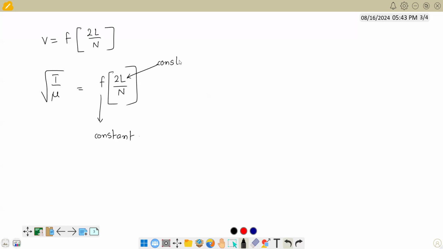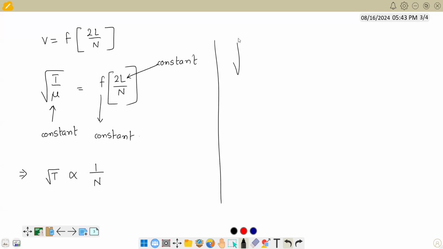We did not change the rope. We did not bring a new rope for the problem. 2 anyway is constant. Mass per unit length, this is also a constant. So since all these are constant, we can say root T is proportional to 1 by n. So we can write root T1 by root T2 is equals to n2 by n1.